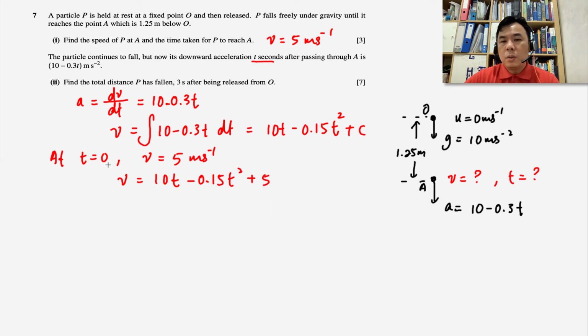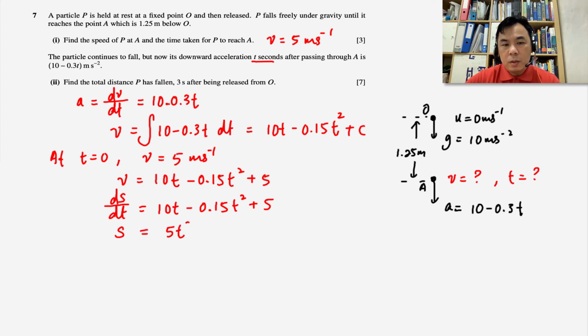Because once you substitute t equals 0, the c is actually equal to 5. Now that will be our velocity, and then we're going to rely on this velocity to obtain the displacement, because we know that velocity is the rate of change in displacement. We're going to integrate that to obtain the distance.